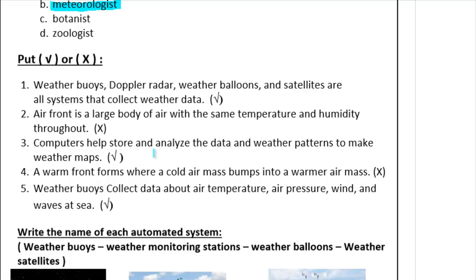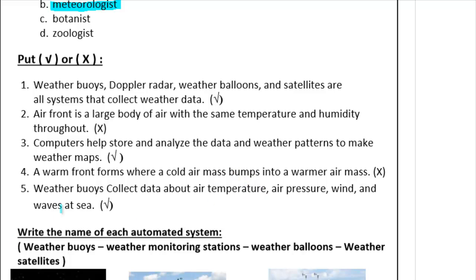Computers help store and analyze the data and weather patterns to make weather maps. Yes, this is true. A warm front forms where a cold air mass bumps into a warmer air mass. No, when a warm air mass moves, so this will be false.